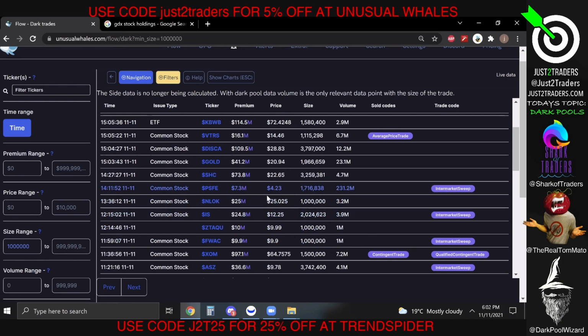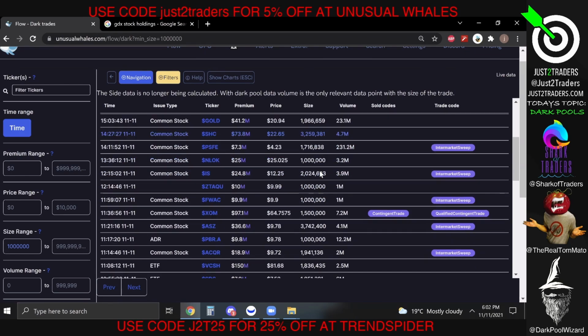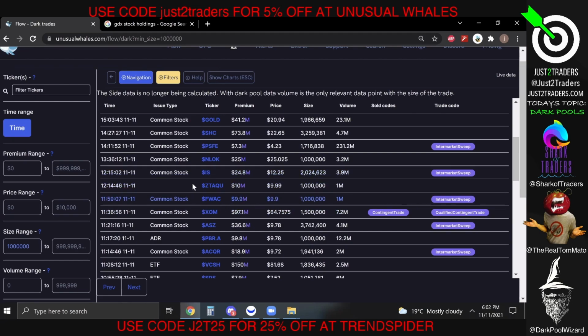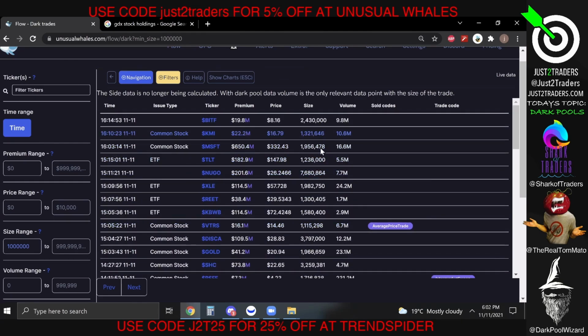The dark pool is unusually heavy today for the 1 million size prints. But look, Microsoft's going to make my list in the morning. XLE is going to make my list. I don't put Nugo, but that's because, I don't remember the word for it, this doesn't make my list, even though there's 7 million of them. And that's basically 100% of the print.